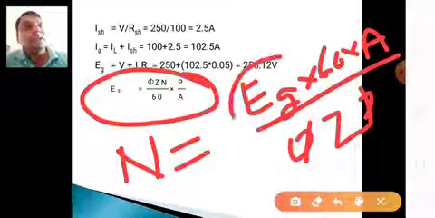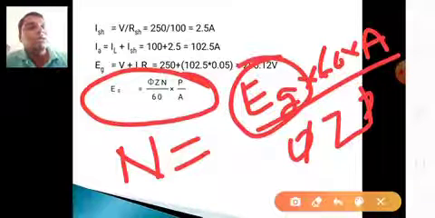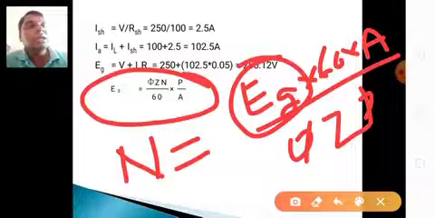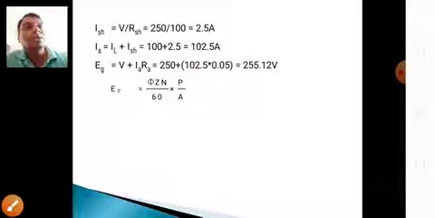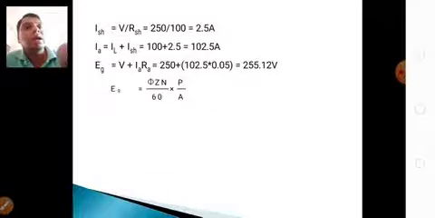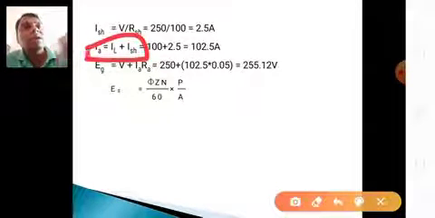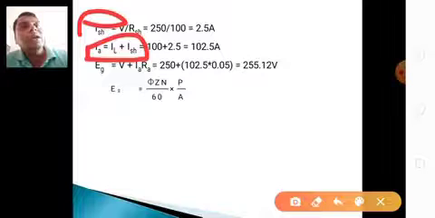First we have to find the generated EMF. For a DC generator, Eg equal to V plus Ia Ra. V is given as 250. Ia equal to, for a generator, IL plus Ish. What is Ish? Ish equal to V by Rsh.